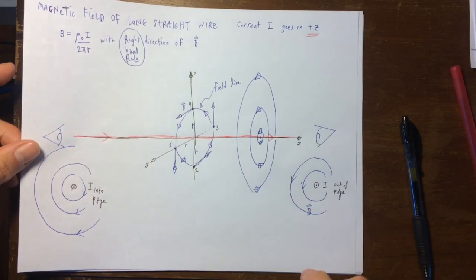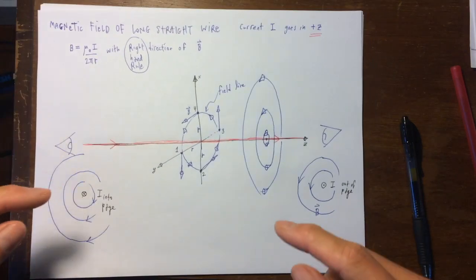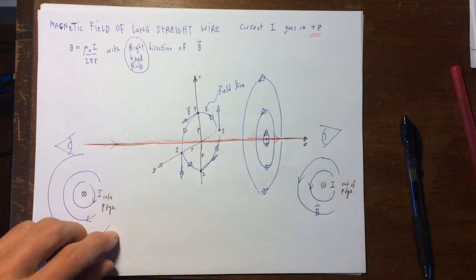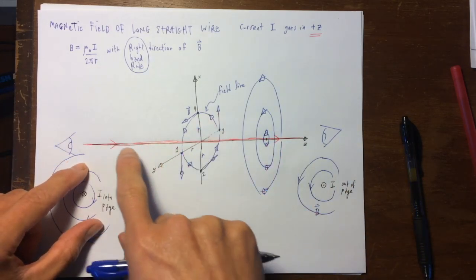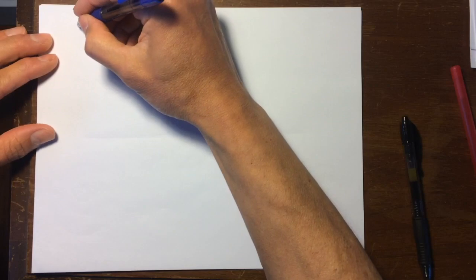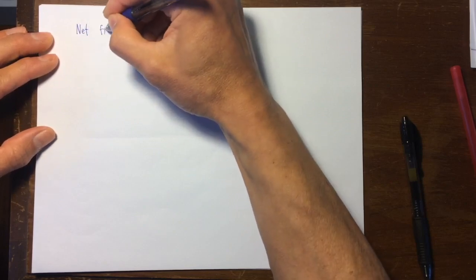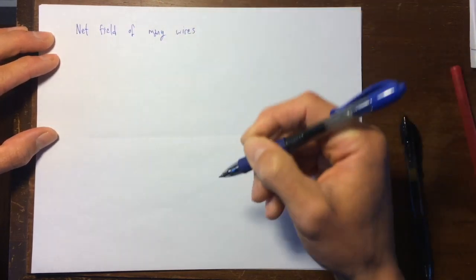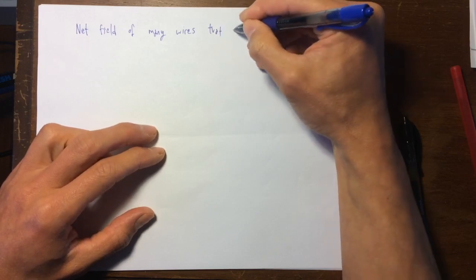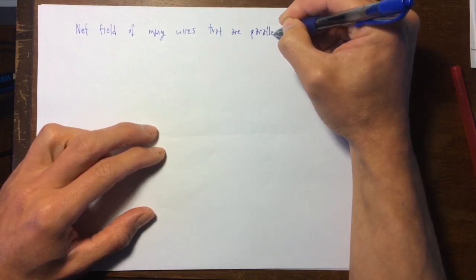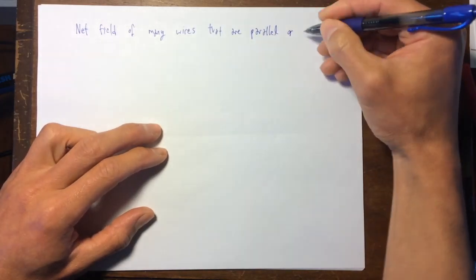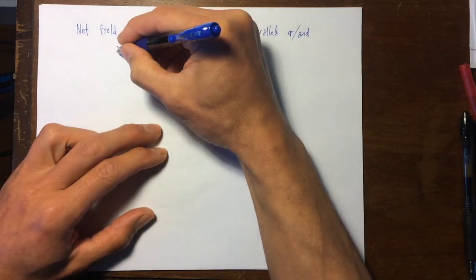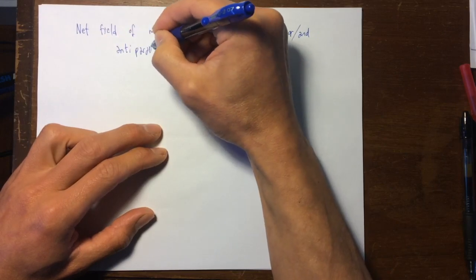All right, so the next thing we're going to discuss is lots of wires. This is the field of one long straight wire. So let's study what is the net field of many long straight wires that are parallel and anti-parallel.